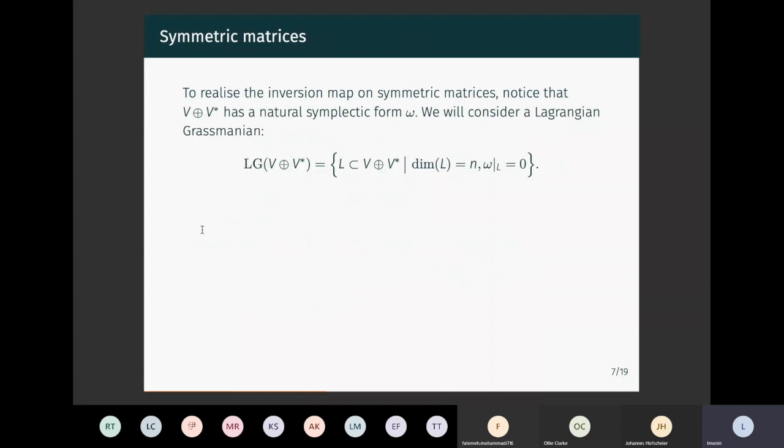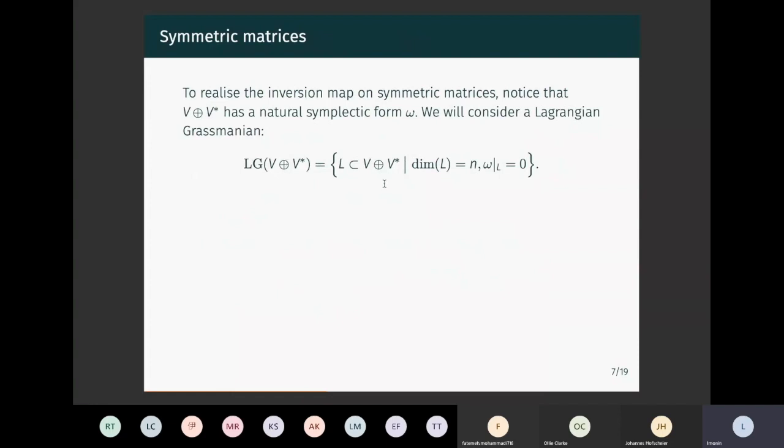Okay, to do the same thing on the space of symmetric matrices, we need to work a little bit more. Namely, we need to consider a natural symplectic form on this space V plus V dual. And for this symplectic form, we have a Lagrangian Grassmannian.